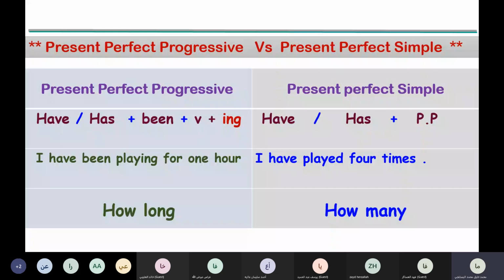Page 22, just so you use it. One minute.